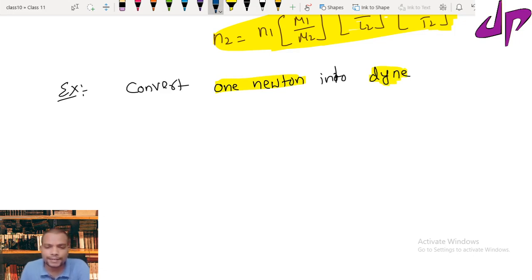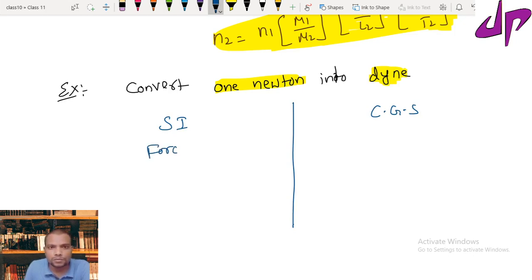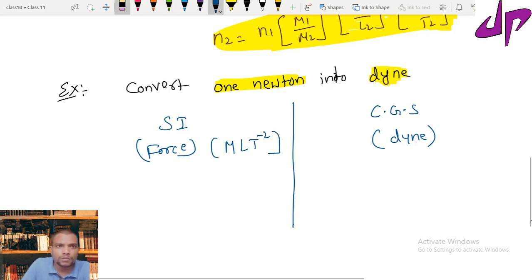Now here I can write, first I will write the dimensional formula. In the SI unit, it is force, and in the CGS units, here it is force and it is called dyne. The dimensional formula we can take as [M L T^-2], in square brackets.